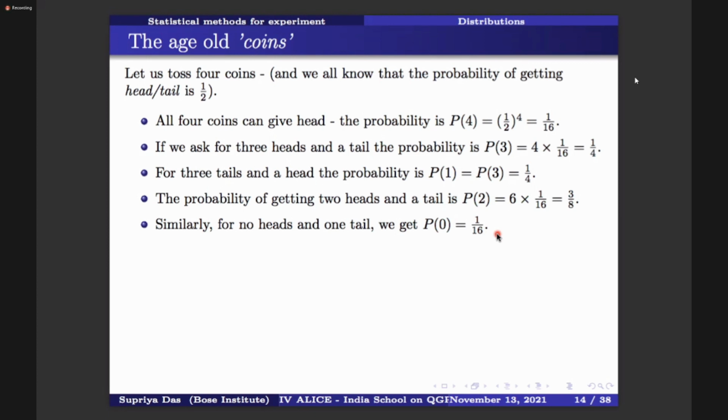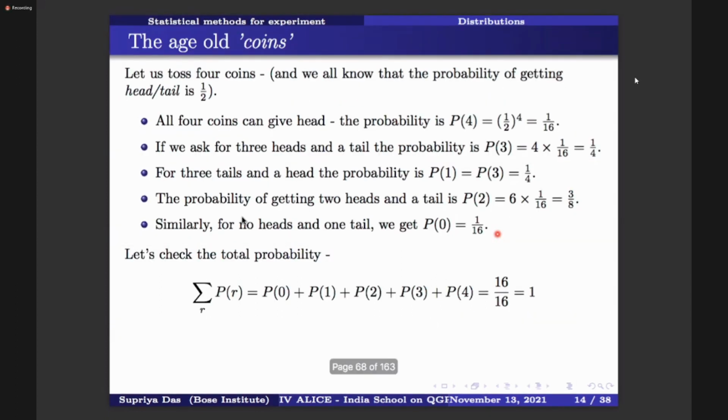Okay, we all know that the total probability of all these combinations can be calculated. Let us do that. Let's check what is the total probability. So total probability is given by the sum over R, where R is the running index, which runs over all combinations.